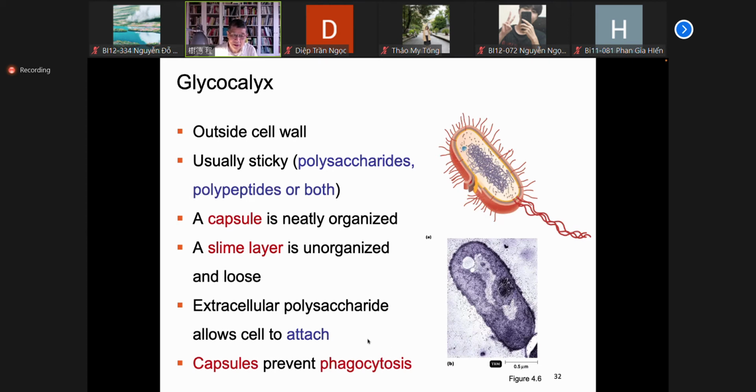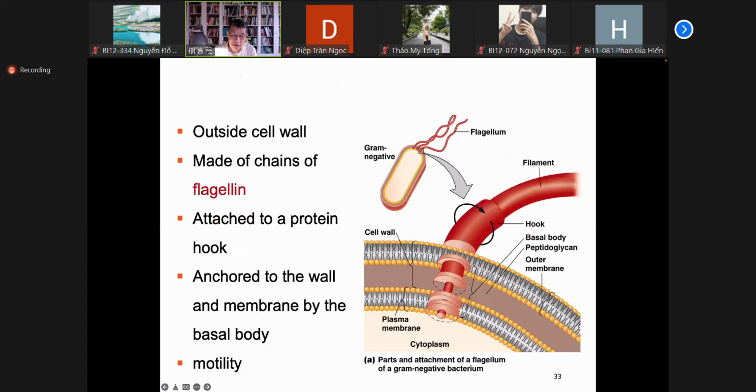And then the appendages, important for their functions. The first is the large appendage called the flagellum. Flagella is called a whip. It's the Latin name of whip.